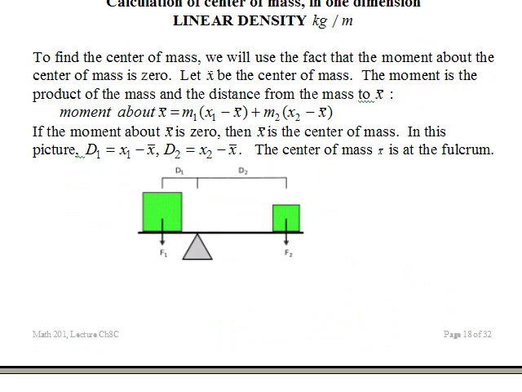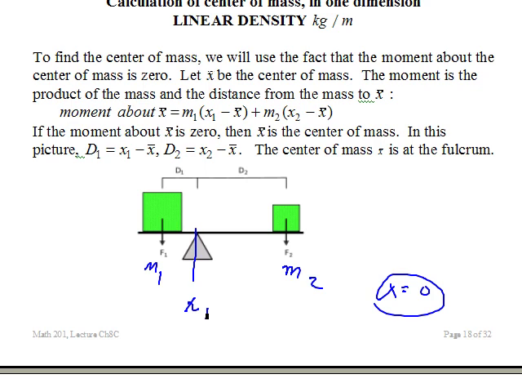Before, the calculation was about x equals 0, and now I want to take this calculation about any value of x. So I need the distance from this force with mass m2, here's mass m1, about some point, and this point is going to be x bar.